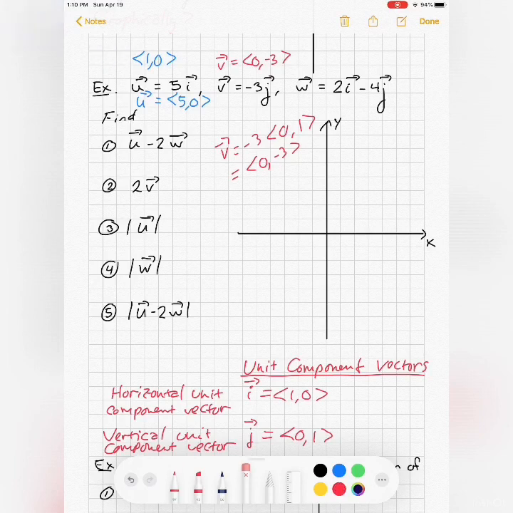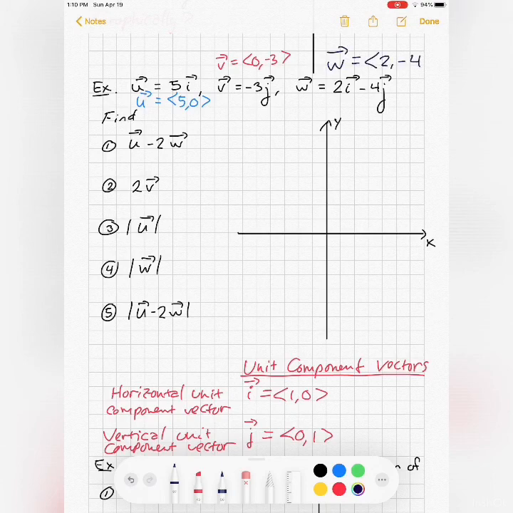Okay, so looking at w, I can write w immediately in component form if I want to. Because this guy, wouldn't that just be 2, negative 4? I can just match up the x and y components with the coefficients on the unit vectors i and j.